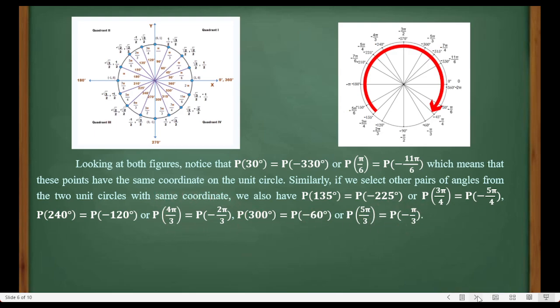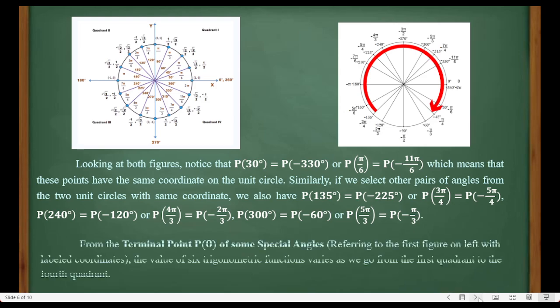Okay? Next. From the terminal point P of theta of some special angles, referring to the first figure on the left, with labeled coordinates, the value of the 6 trigonometric functions varies as we go from the first quadrant to the fourth quadrant.